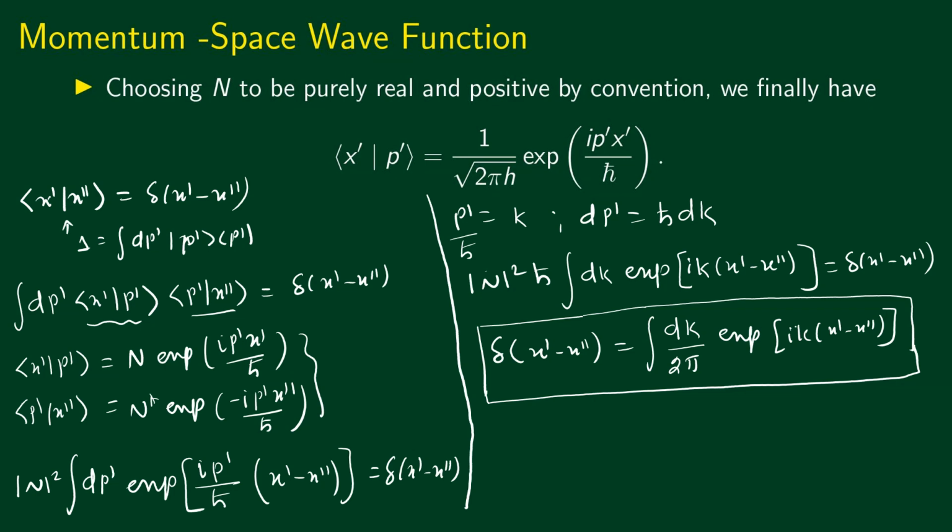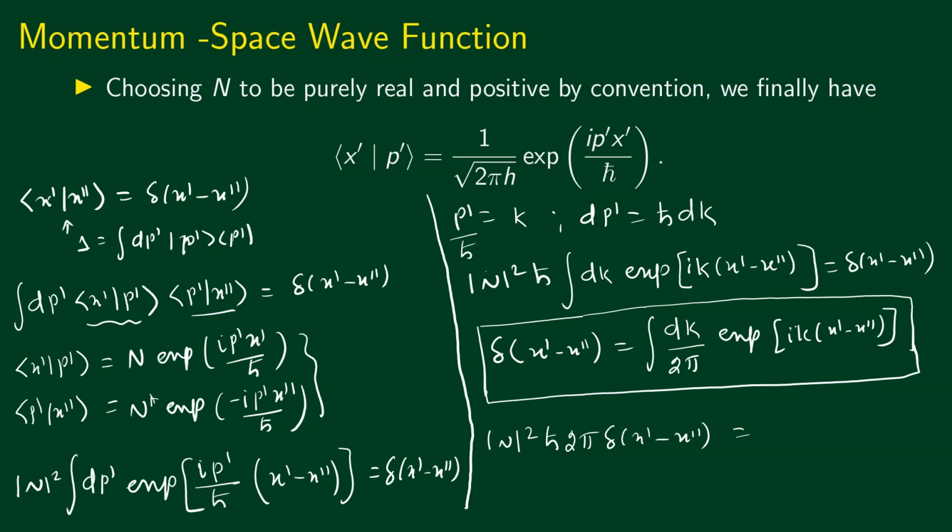Which means that on the left hand side I now have modulus N squared h bar. Except for this 2 pi, this is the delta of x prime minus x double prime. So this is multiplied by 2 pi, so this is 2 pi delta x prime minus x double prime.